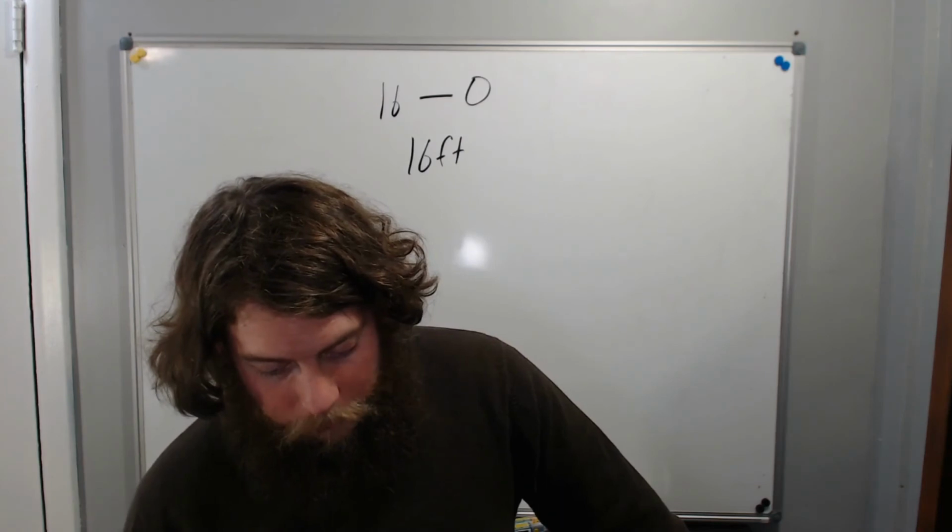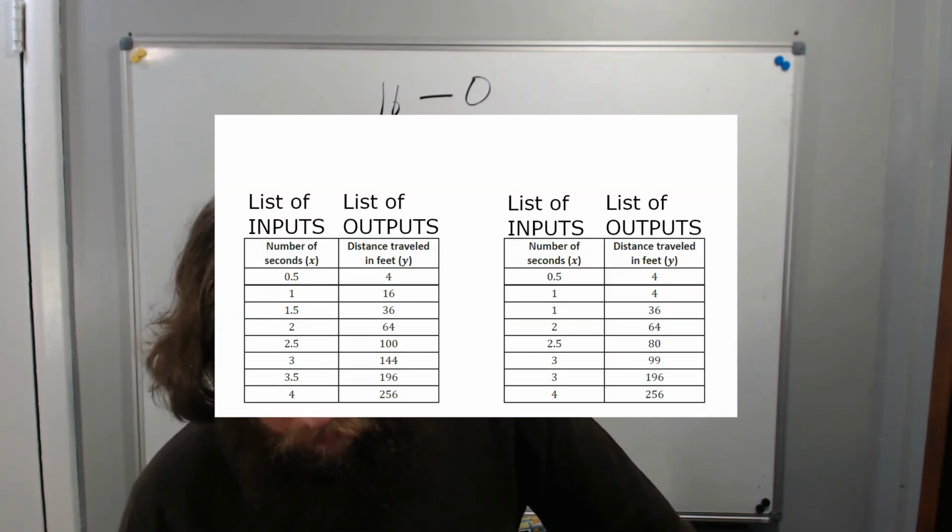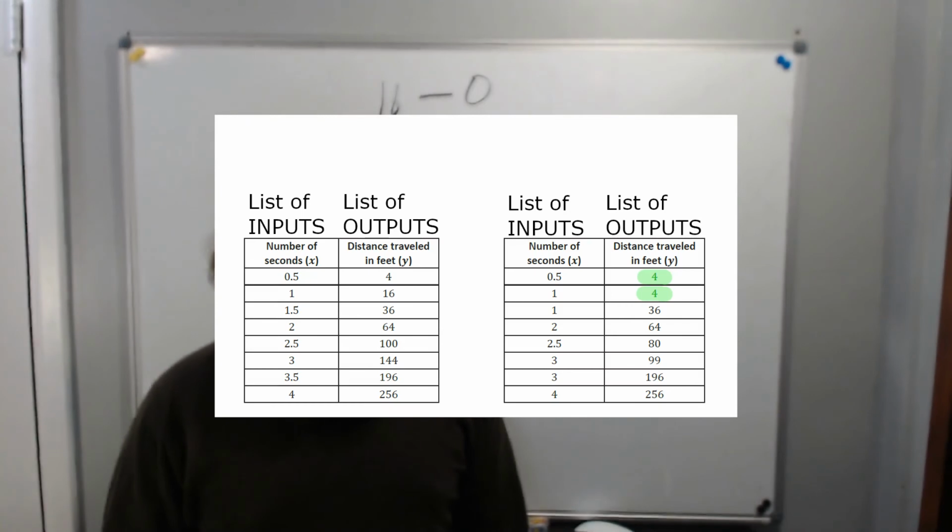But let's look at the table on the right. 0.5 does only have the one output 4. 1 has an output of 4, and you may think to yourself, oh, hey, look, two outputs that are the same. That's actually totally fine.